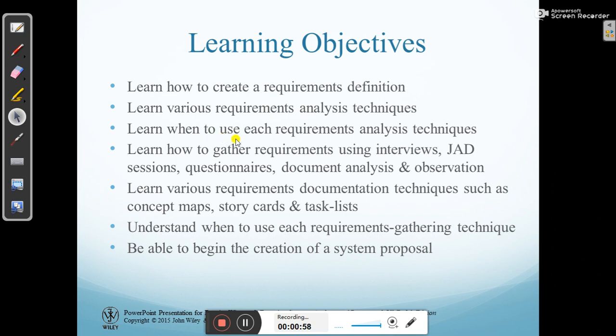We need to use each requirement analysis technique, like how to gather requirements using interviews, observation, document analysis, questionnaires, JAD session. Actually, a few of them we have already discussed in case of fact finding techniques. But let's try to learn them again with respect to requirement analysis.